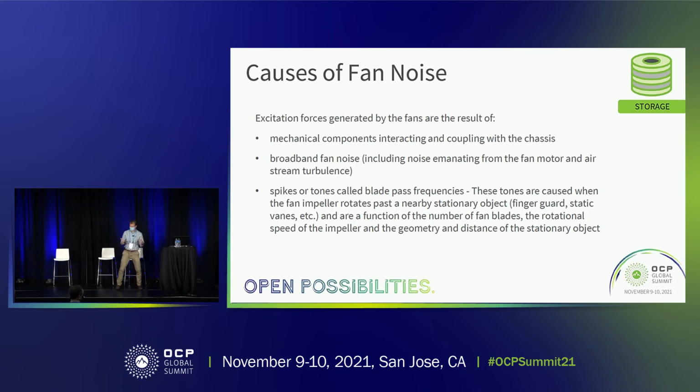And if you know the number of fan blades, and you get an acoustic plot, this acoustic versus frequency, you can fairly accurately determine what the fan speed is, or vice versa. If you know the fan blade count and you know the speed of your impeller, you can see these blade pass frequencies, and you can see harmonics of them. You see the first one, then you can see harmonics afterwards, and it's really interesting to see almost all those tones, almost all of them are blade pass frequencies.